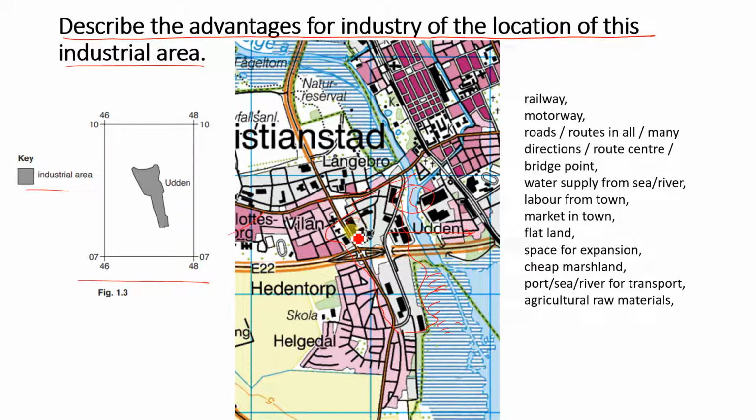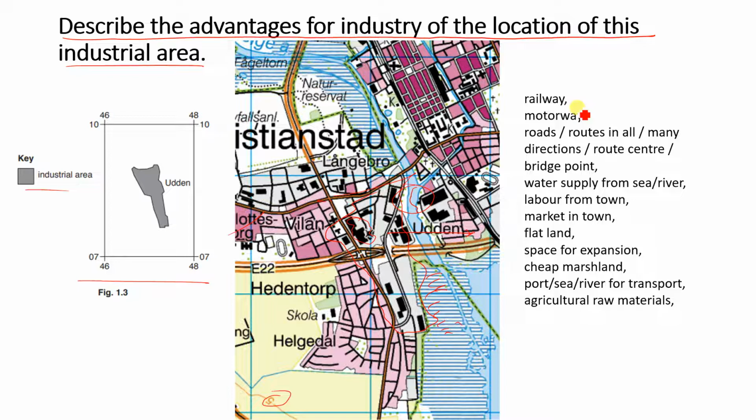Then you have buildings, for workers to live. And obviously this area is only 5 meters above sea level, so it's very low. It's flat land, which is good for buildings, construction and expansion of factories, because there's a lot of marshland here that can be filled.